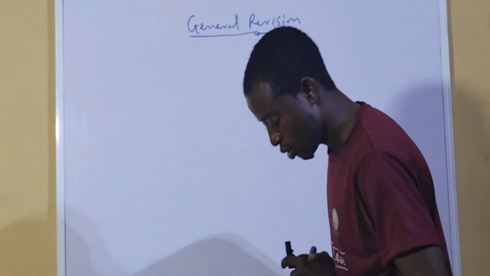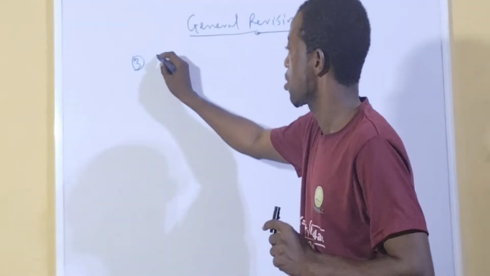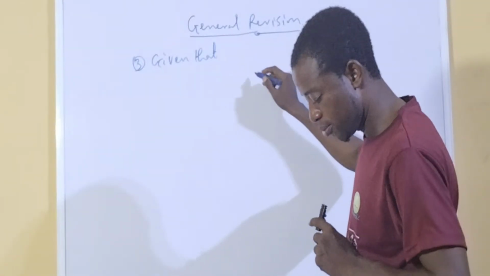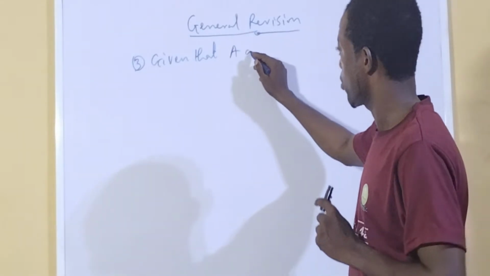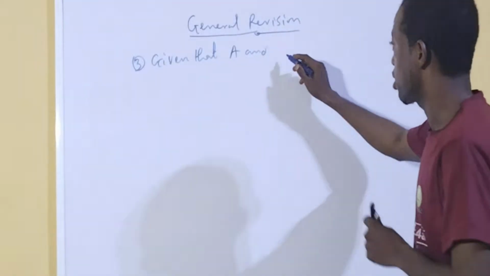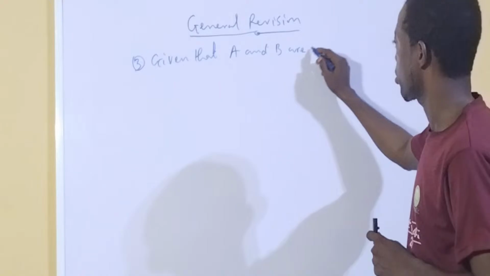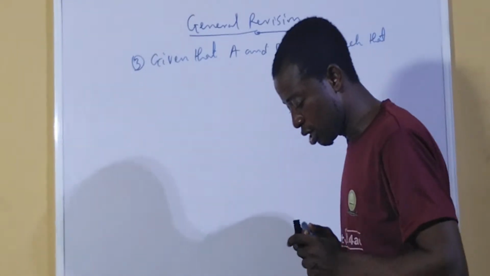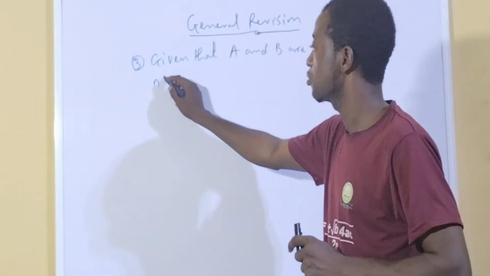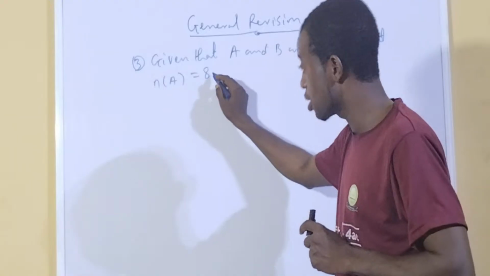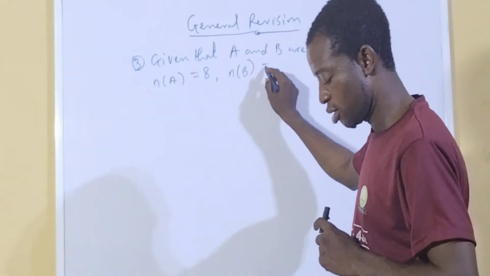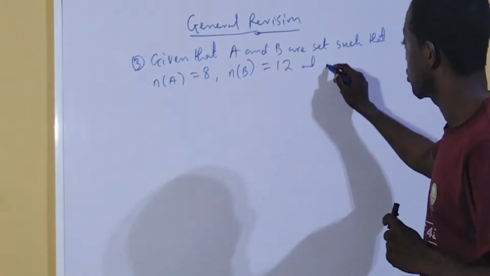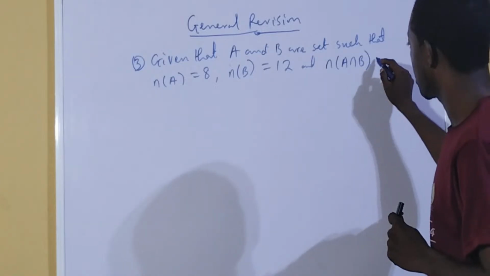Okay. And the question says, given that A and B are sets such that the number of elements in A is equal to 8, the number of elements in B is equal to 12, and the number of elements in A intersection B is 3.